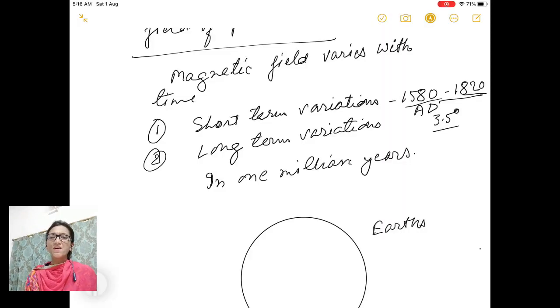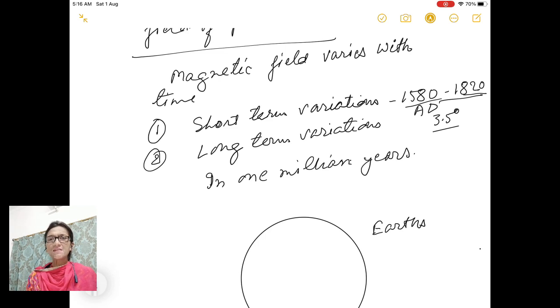The magnetic field of Earth varies with time, and there are short-term variations and long-term variations. In London it was noted that between 1580 AD and 1820 AD there was a change of 3.5 degrees in declination.